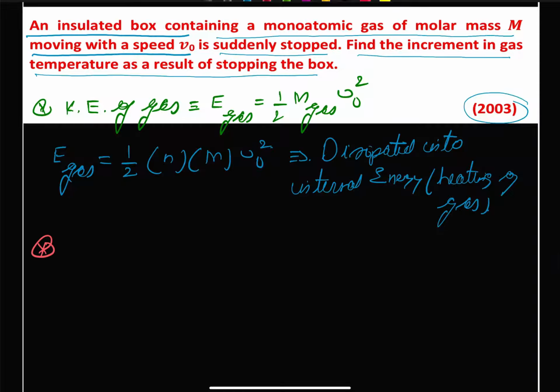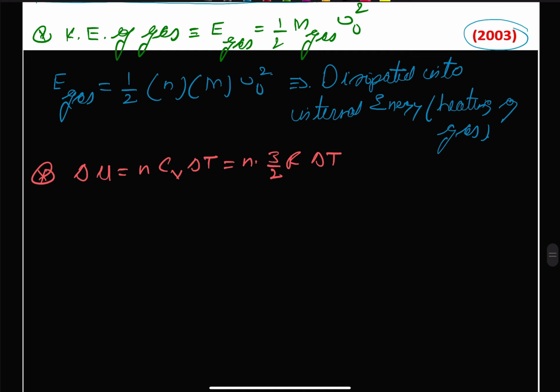We can say that our internal energy will be equal to n Cv delta of T. So we can write this as our n, and this comes as 3 by 2 R because it is monoatomic, times R and delta of T. Now we can use conservation and get the answer.